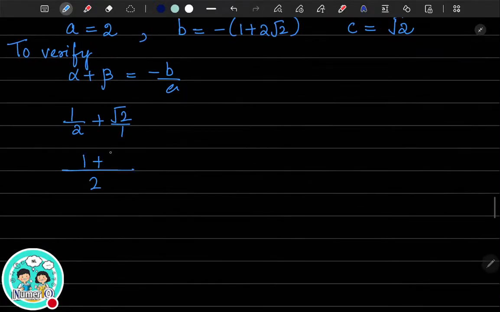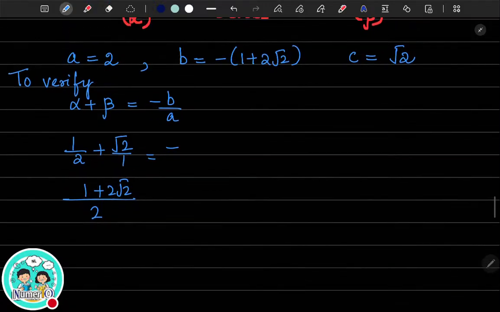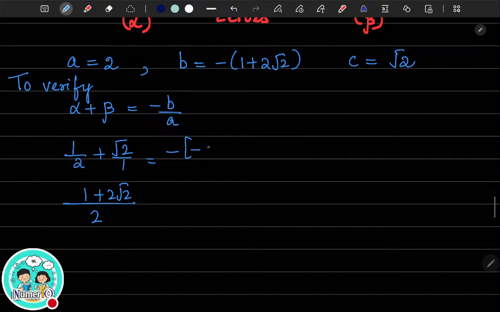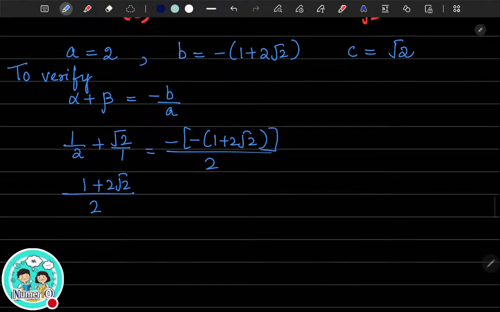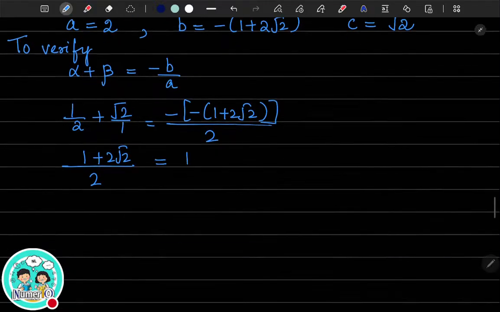So 1 plus 2 root 2 by 2 is your LHS, equal to minus b by a. So minus of what is your b? Again you have a minus in the b, 1 plus 2 root 2 whole divided by 2. So minus into minus is plus. What you will be getting is 1 plus 2 root 2 by 2, hence verified.